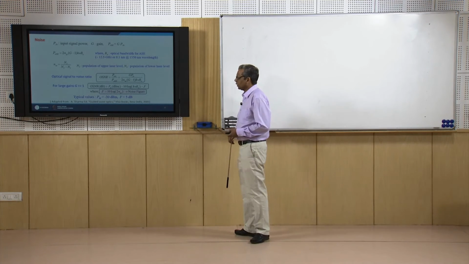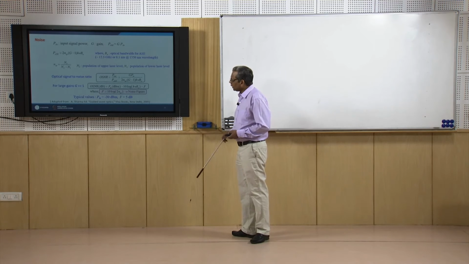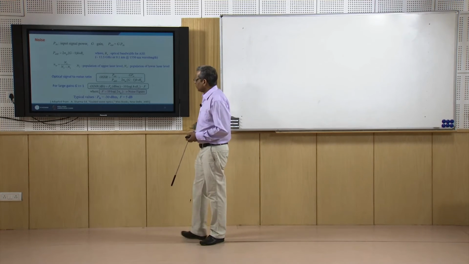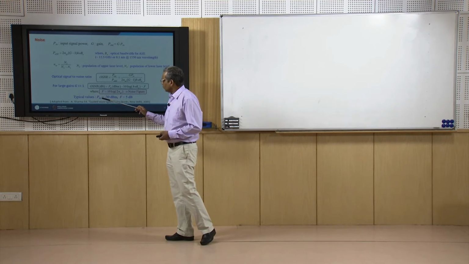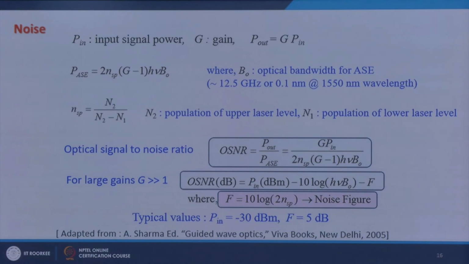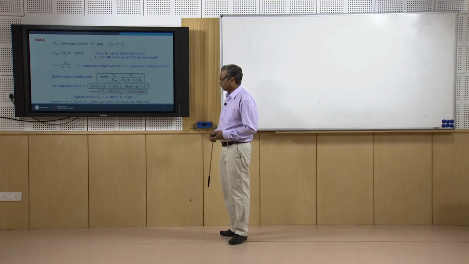Typical values are: input signal power about minus 30 dBm, and the noise figure is typically 5 dB.